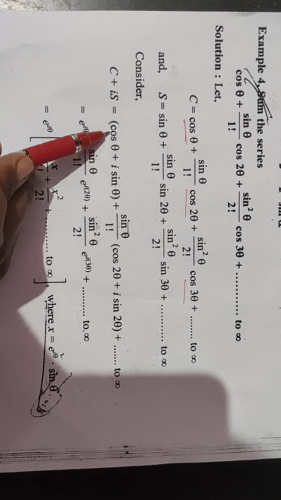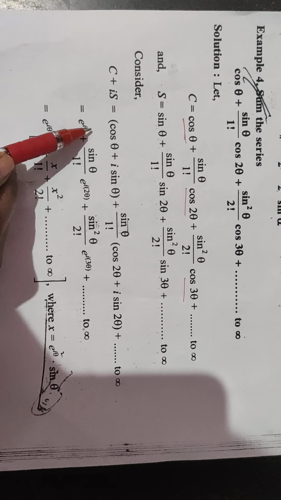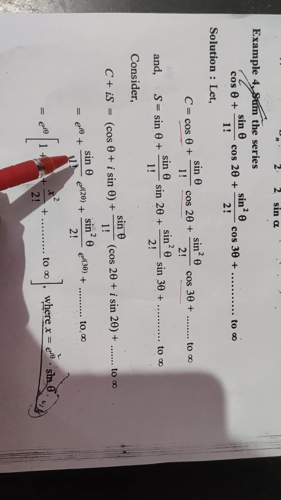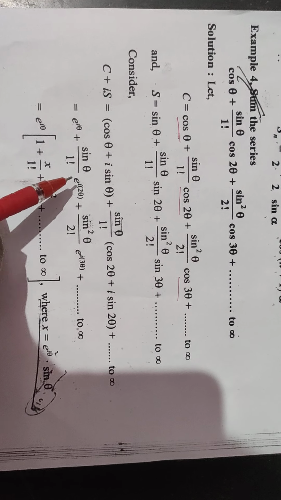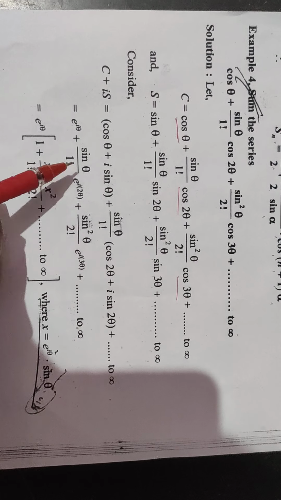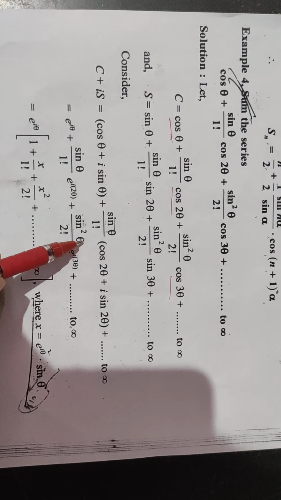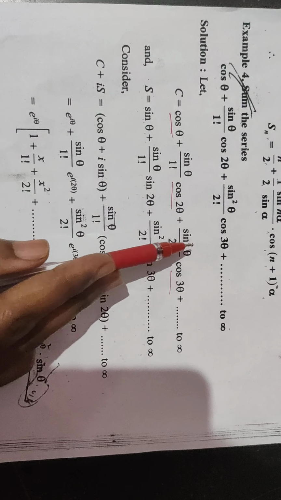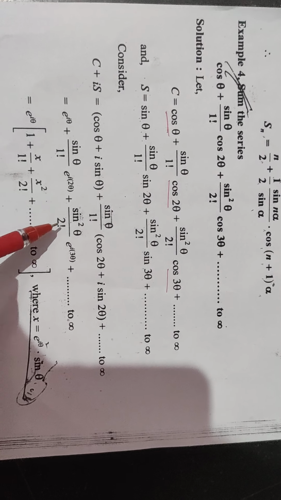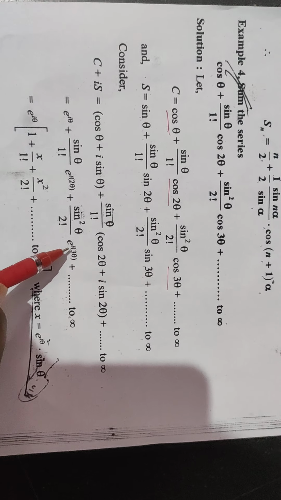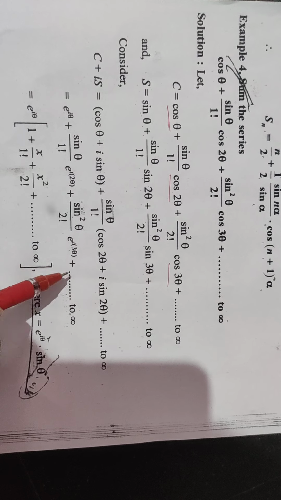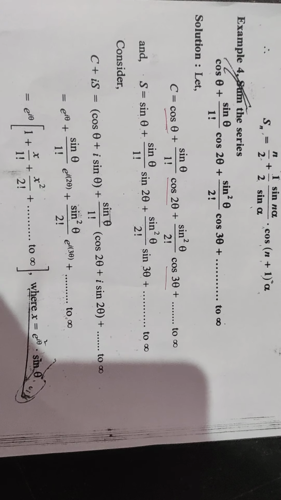Now cos theta plus i sin theta is e power i theta plus sin theta by 1 factorial into this value is e power 2i theta plus next value is sin square theta divided by 2 factorial into e power i 3 theta plus so on up to infinity.